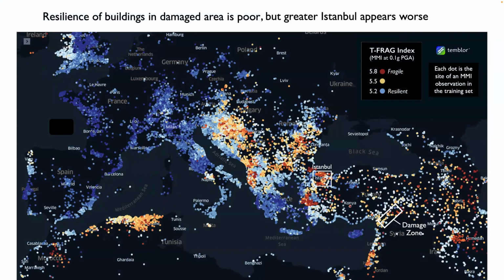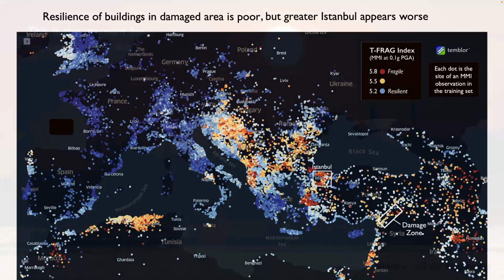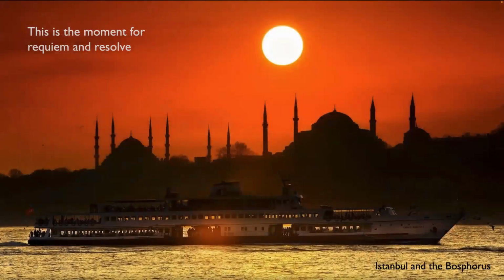So what does this mean? It means this is the moment for requiem and resolve. To grieve for the dead and to resolve as an earth science and engineering community that we can do better, and that we will use this moment to strengthen the protections of people and buildings, not just in Turkey, but worldwide, because this could happen to so many of us, and at some level, it will happen to every earthquake-prone area of the world, unless we use our insights to go forward.